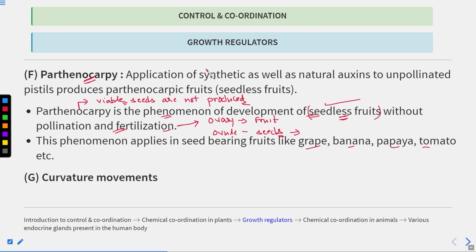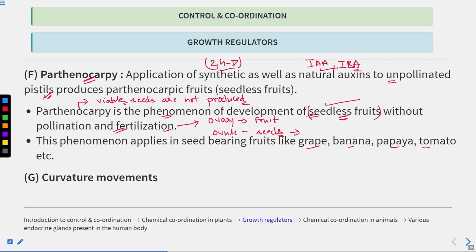Now, application of synthetic as well as natural auxins. I've already told you auxins are of two types. Natural auxins are indole acetic acid as well as indole butyric acid. A synthetic example is 2,4-D, 2,4-dichlorophenoxyacetic acid, which is also used as a herbicide. Application of synthetic or natural auxin to unpollinated pistils.